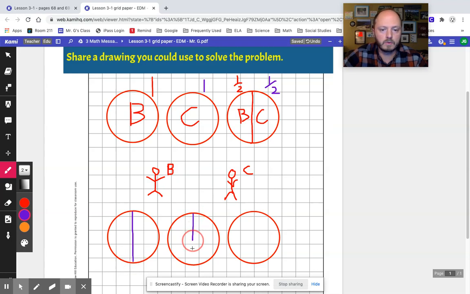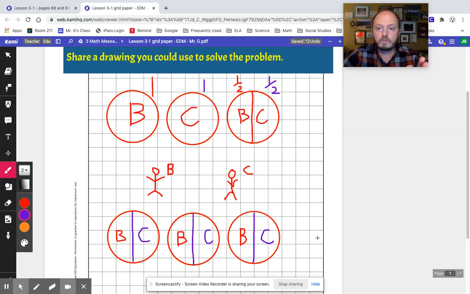We could have each pizza cut in half, and Bryce would get 1/2 of this one, 1/2 of this one, and 1/2 of this one. And Cole would get these halves.